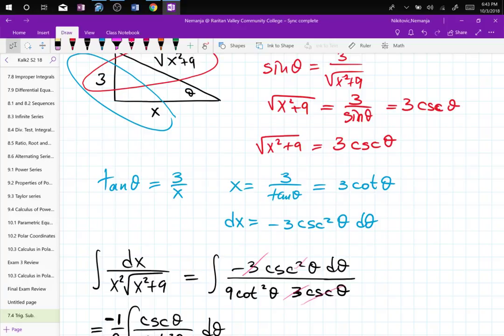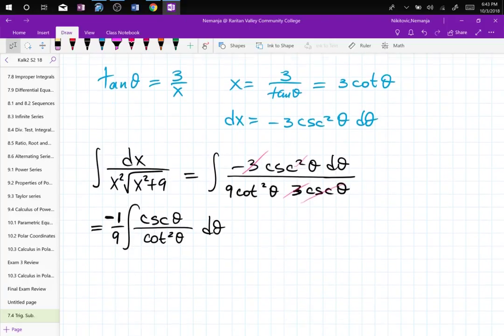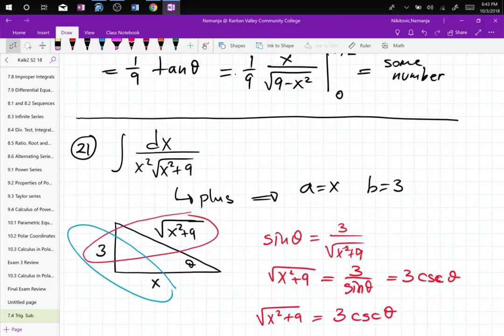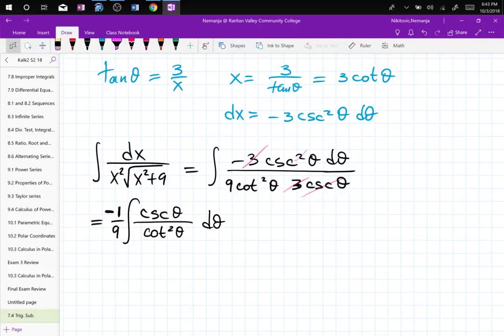So now we have to solve this mess. One of the best ways to attack a trig integral, which was your previous section 7.3, if you have no clue what to do, is to try to convert everything into sines and cosines and see if you can wiggle your way through.